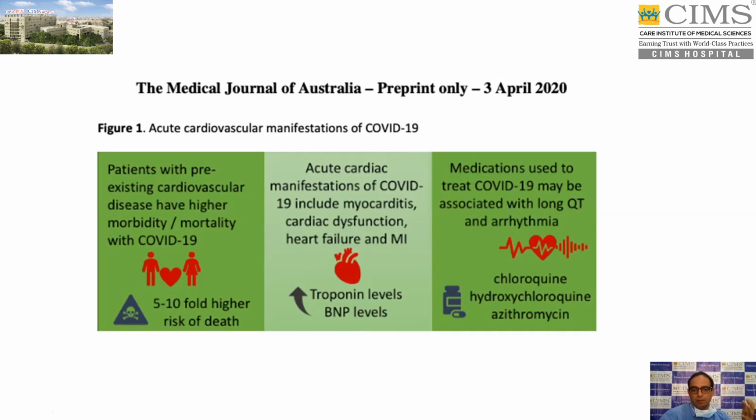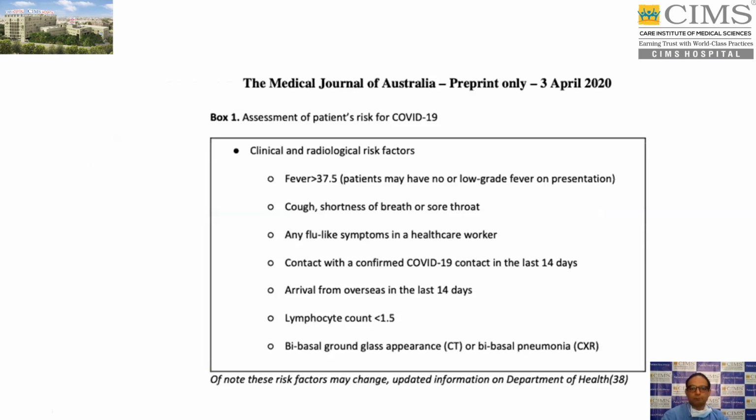In anybody with mild to moderate disease, you can always test troponins, BNP and D-dimer, and such patients usually fare worse than patients showing no elevations or little elevations of troponin. As I told you, complications of certain medicines can also result in cardiac toxicity, like QTc prolongation with chloroquine.